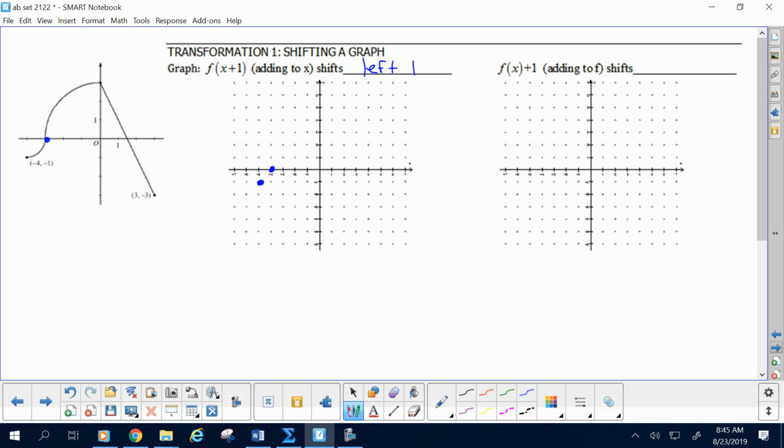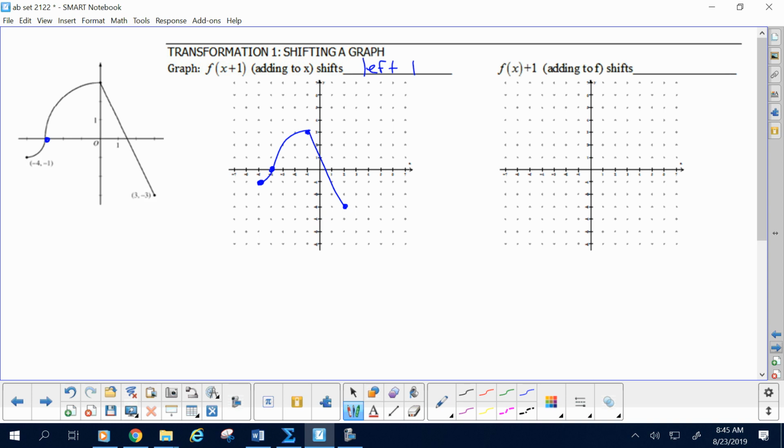And what about the y-intercept? It won't be the y-intercept anymore. Where will that point be shifted to? -1, 3. So we've got two semicircles there. And where will the line terminate? To -3. Okay, so boom.